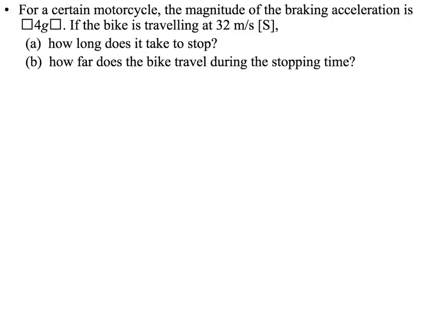For a certain motorcycle, the magnitude of the braking acceleration is 4 Gs. So we'll say acceleration is 4 Gs. Now, 4 Gs simply means 4 times the acceleration of gravity, which is 9.8. 4 times 9.8 is 39.2 meters per second squared.